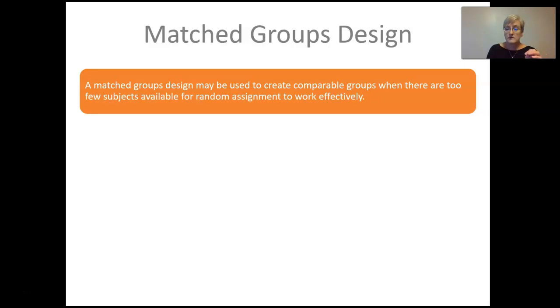So far, we've really been restricting ourselves to random groups designs. Now we need to spend a little time talking about other alternatives for controlling for the error based on individual differences between subjects. Matched groups designs are one way to do that. If you know your subject population varies on a number of, usually demographic, dimensions, you may want to be very systematic in making sure your independent variable groups have roughly equivalent levels of those dimensions.